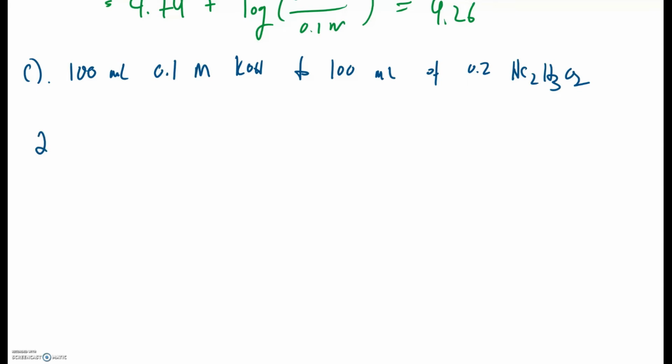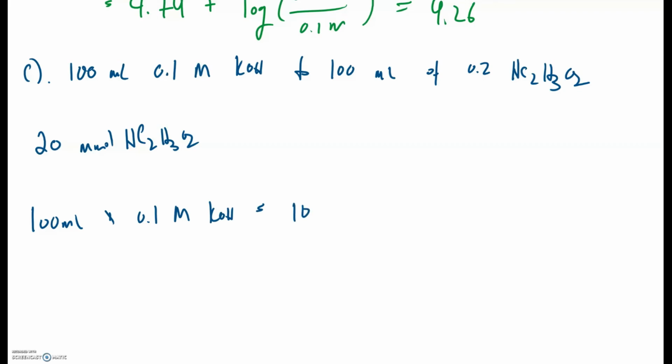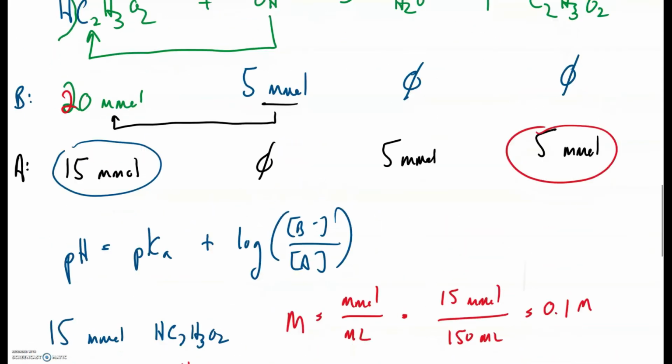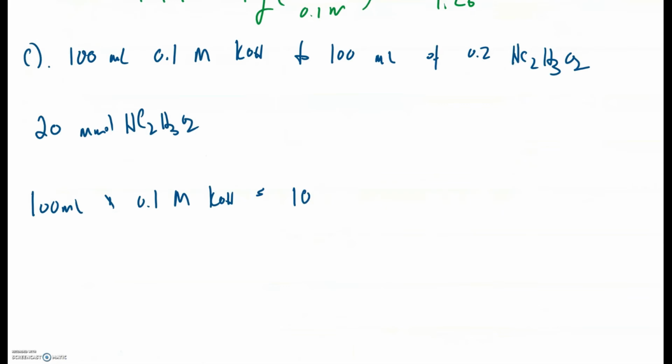We know that we have 20 millimoles of acetic acid. And we have 100 milliliters times 0.1 molar potassium hydroxide, which is 10 millimoles of potassium hydroxide, which we know is going to dissociate into 10 millimoles of hydroxide.